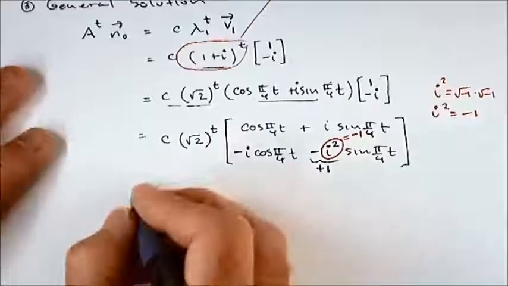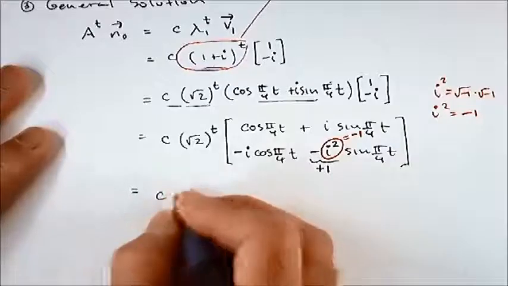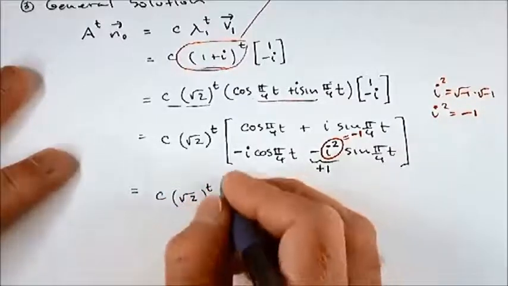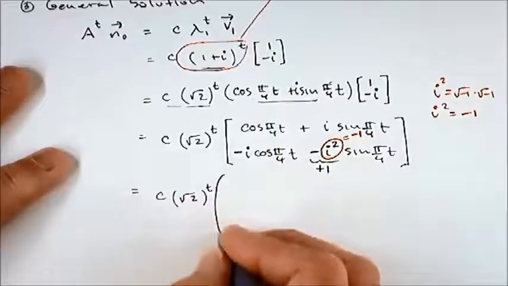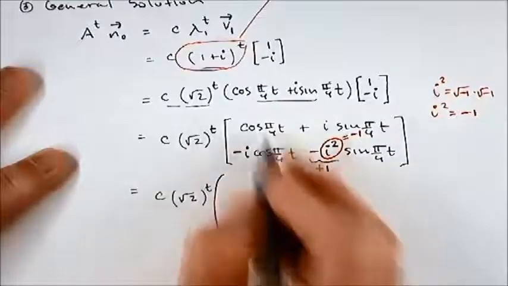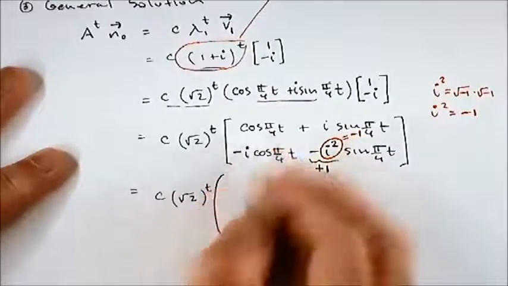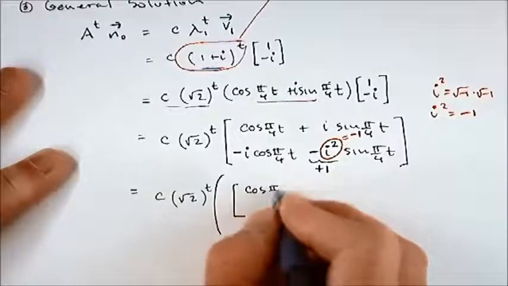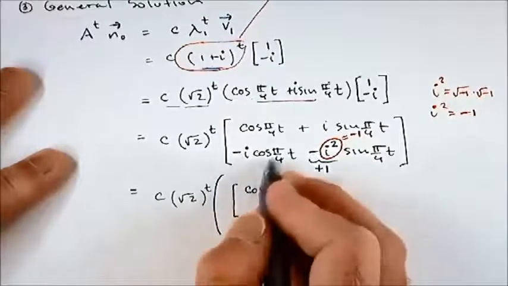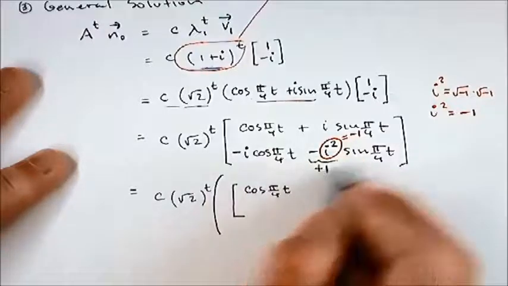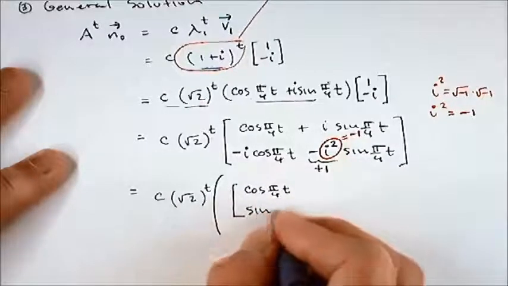Okay, a little more rearranging here. Now what I'm going to do is separate out the real parts of each solution, each row. The real part here, I have cosine of pi over 4t. What's the real part in the bottom row? It's now this term, because this term is just positive 1 times sine of pi over 4t.